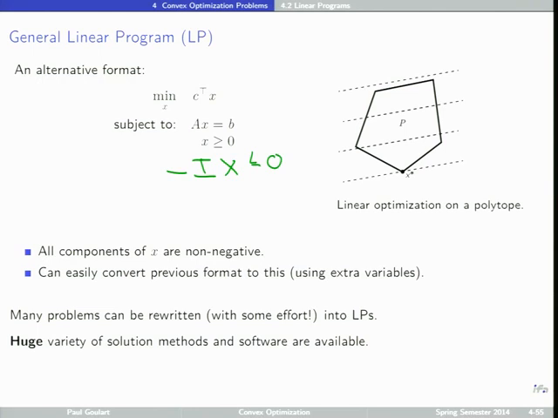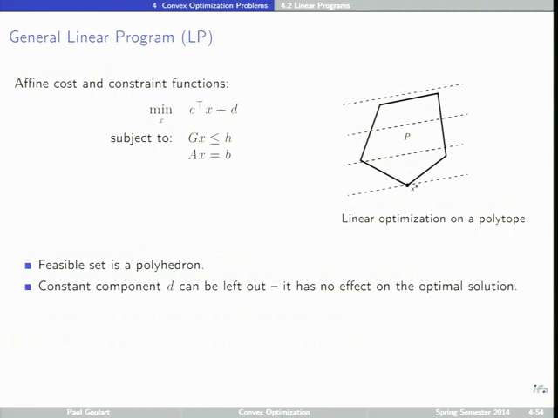So now I have an equality constraint and matrix times x less than 0. And this looks exactly like that one. Okay, so I just take G to be minus I and I take h to be 0. Okay, now my claim is that I can write this one in such a way that I have an equality constraint only and variables which are non-negative. Okay, I just want to convince you that I can go back and forth.